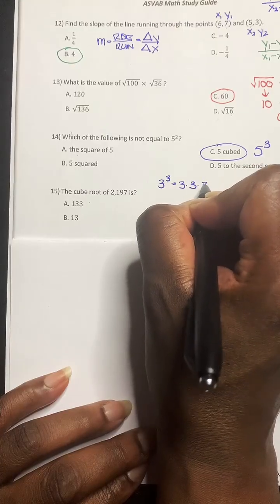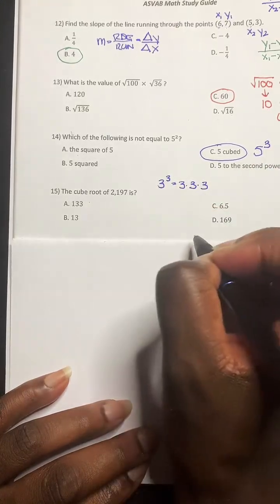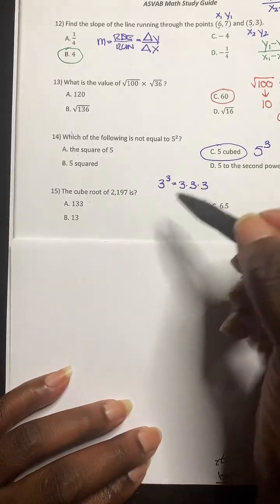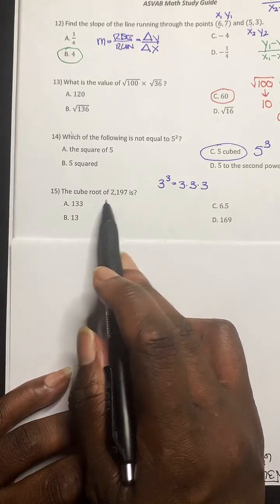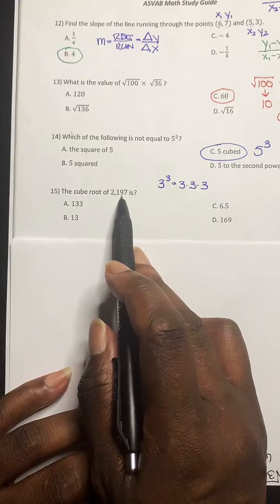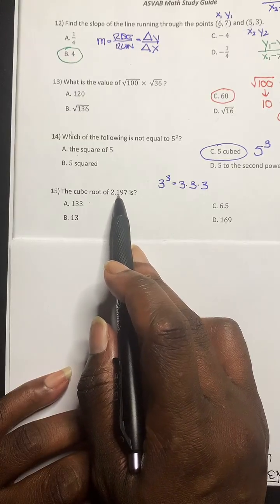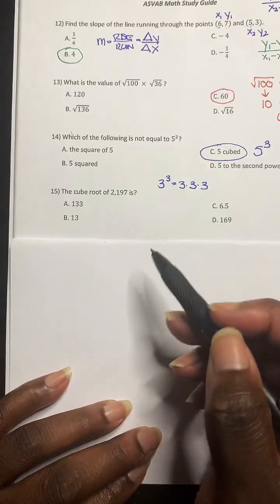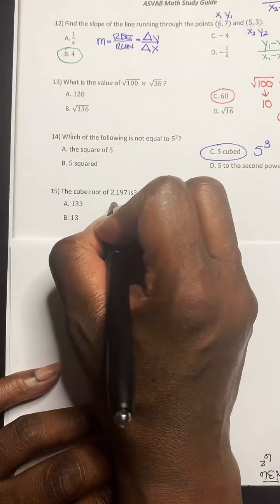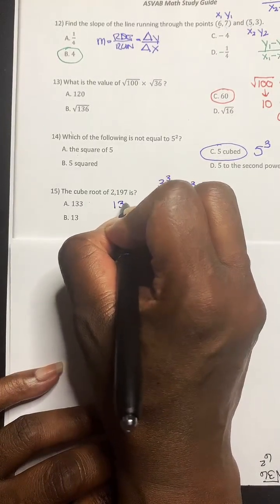Going for the root of that does the reverse. So we need to know what number multiplied by itself 3 times will give me 2,197.